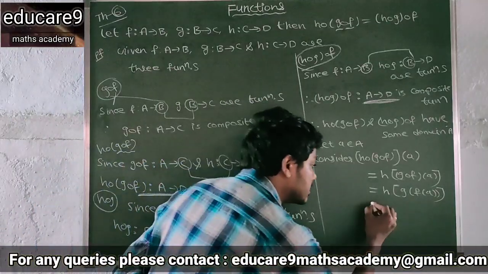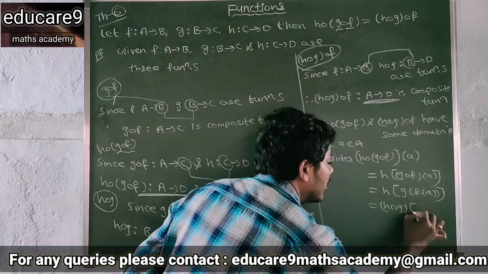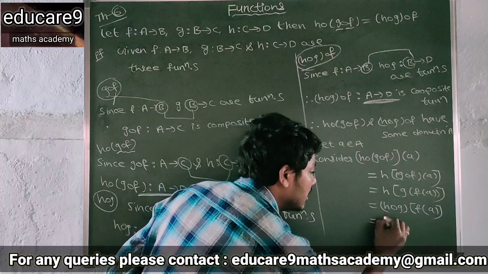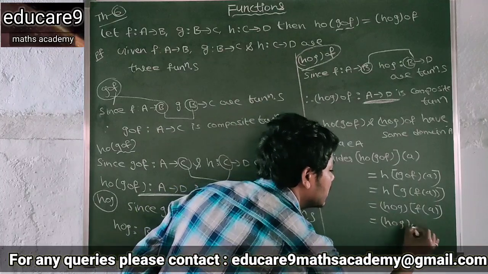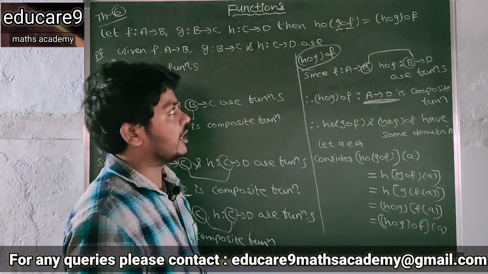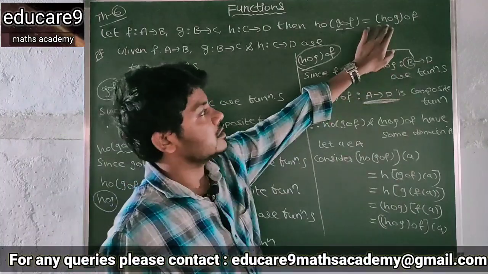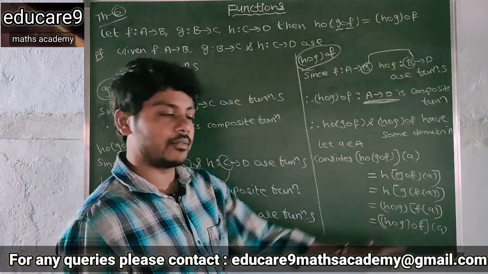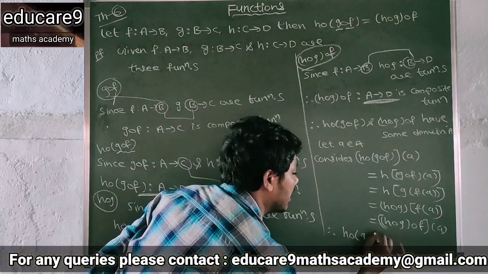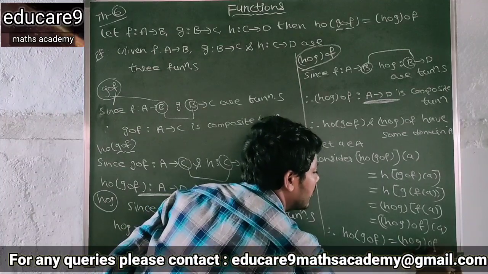Again this can be written as H circle G of F of a. Again H circle G circle F of a. So clearly what you get? The right side mapping, that is H circle G circle F. So therefore H circle G circle F is equal to H circle G circle F.